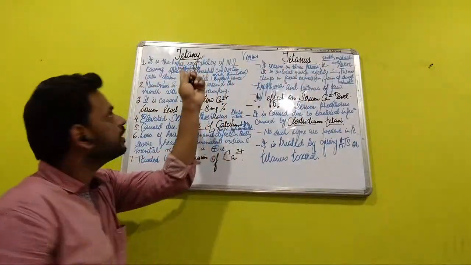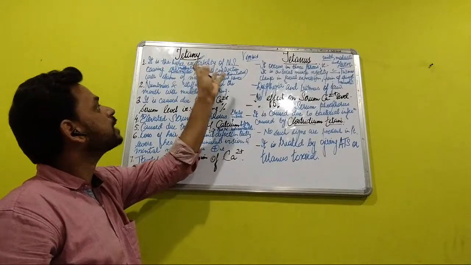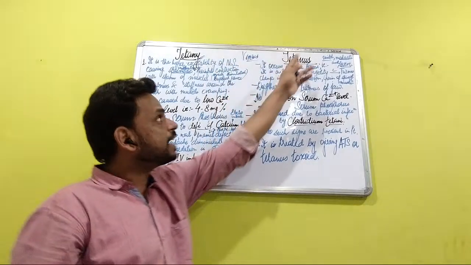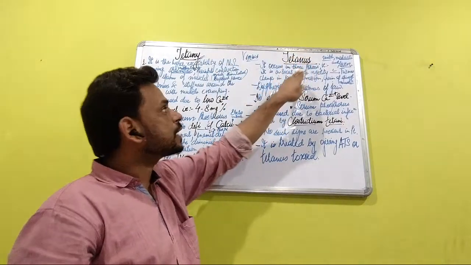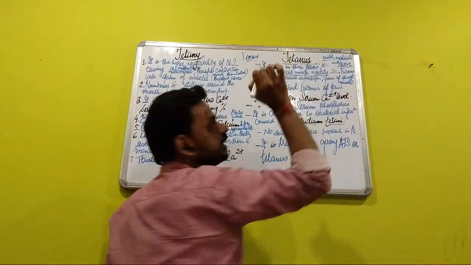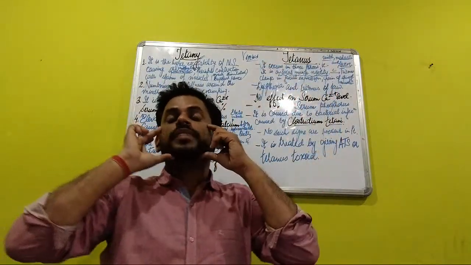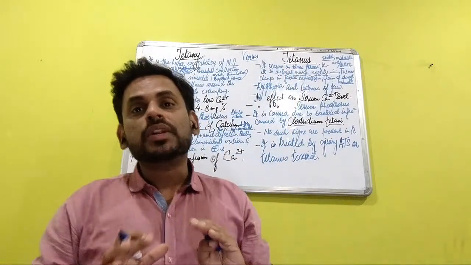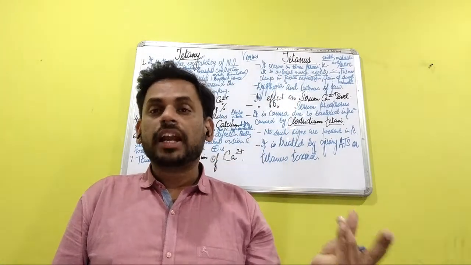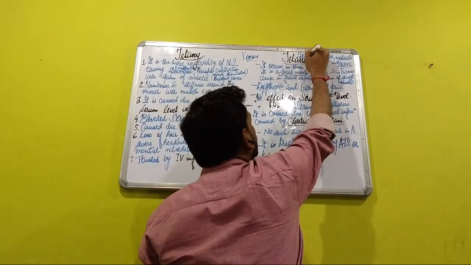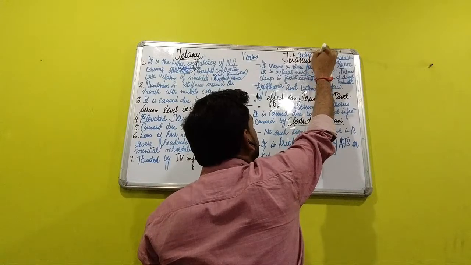In case of tetany, it is the involuntary spasmodic painful contraction and spasm of the muscles, whereas in case of tetanus, it is associated with local muscle rigidity of the jaw. That's why tetanus is given another name, which is called the locked jaw. It has also been called locked jaw.